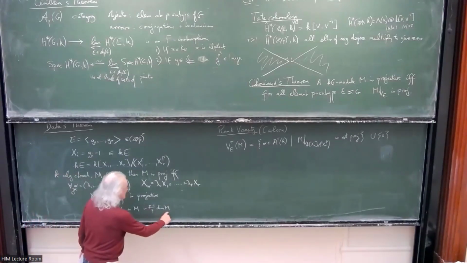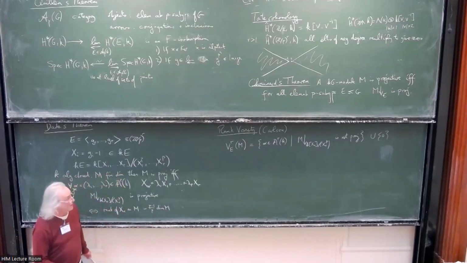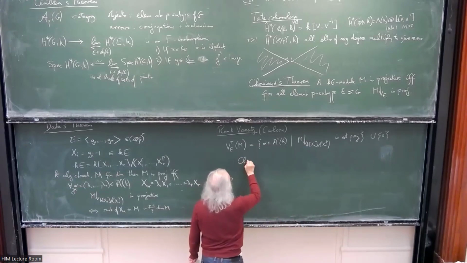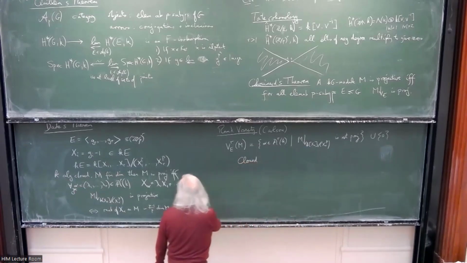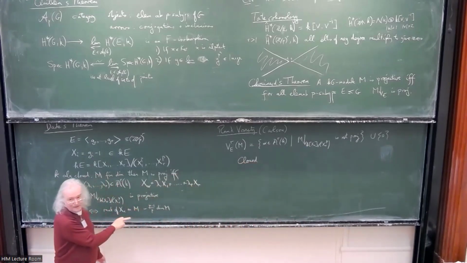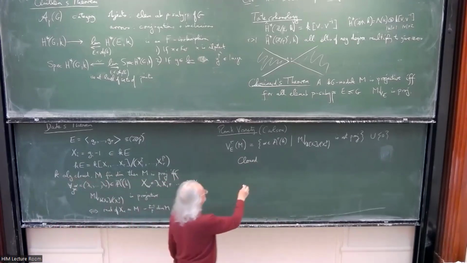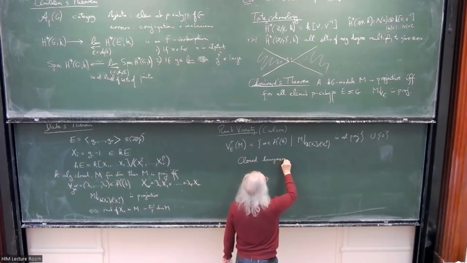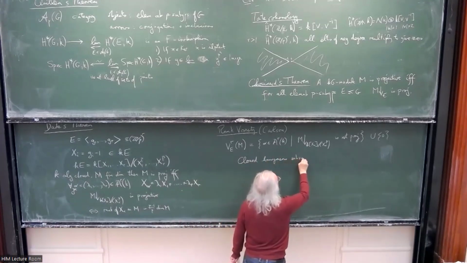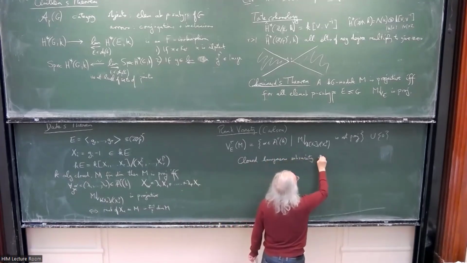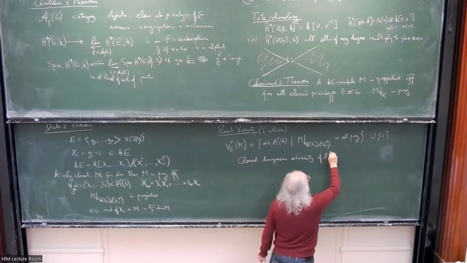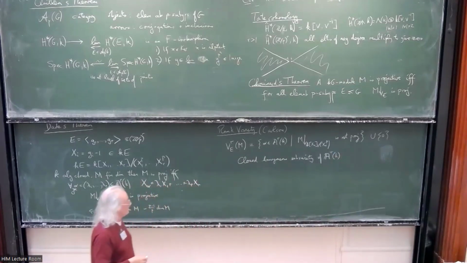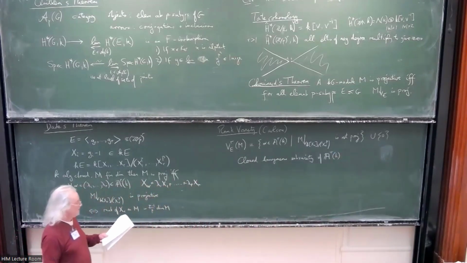The minors of this size define a variety, so this is closed. These polynomials are also homogeneous, so this is a closed homogeneous subvariety of affine r-space over K. That's called the rank variety, and it has some good properties.